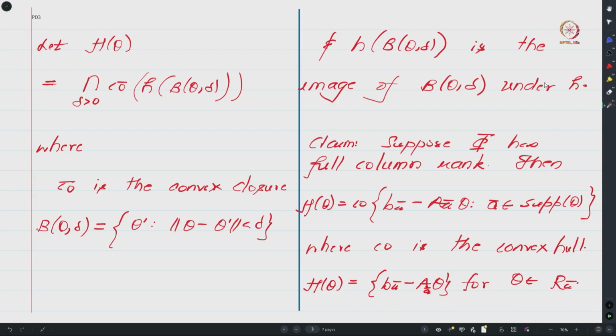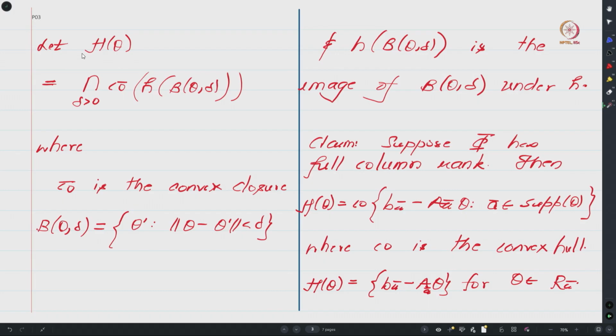Now because of this discontinuous nature, the analysis of this algorithm becomes a bit challenging. So what we will do is define a set valued map. So capital H of theta takes as input a d dimensional vector and spits out a subset of R^d.